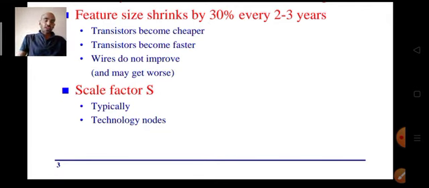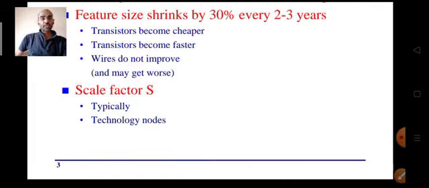Okay, so to satisfy Moore's law, in every 1.5 years or 2 years, approximately 3 years of time, the device dimensions get reduced by 30%. Okay, so by that what happens? By doing this, you can accommodate more number of devices.